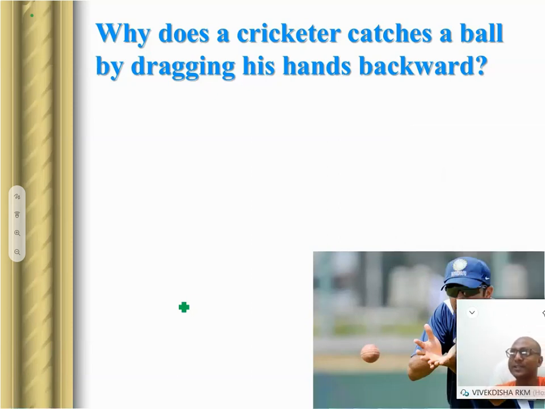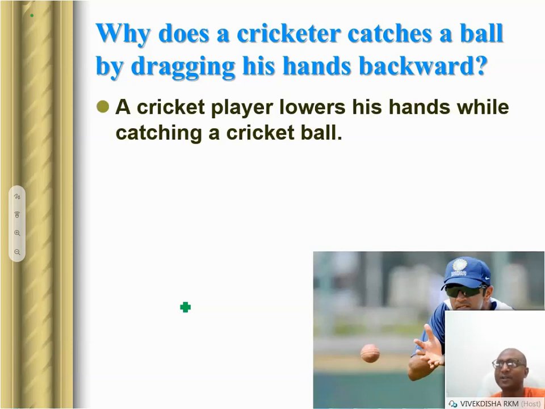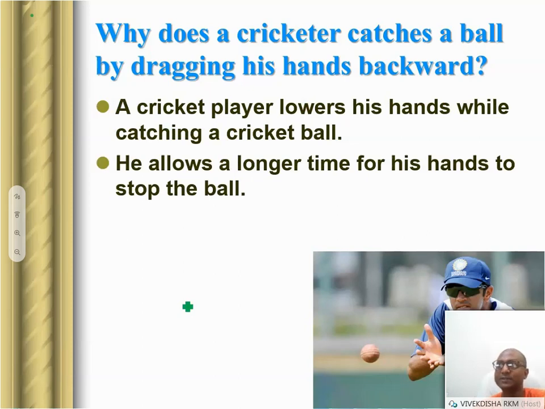So the point is here. The cricket player lowers his hand while catching a cricket ball. This is the event we can see. Then he allows a longer time for his hand to stop the ball. The ball is coming at a speed, so he allows a longer time to stop the ball, and it gives a benefit to him.